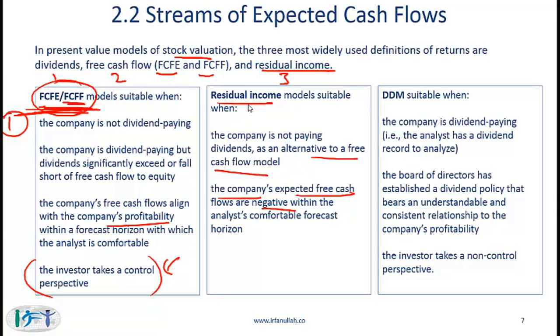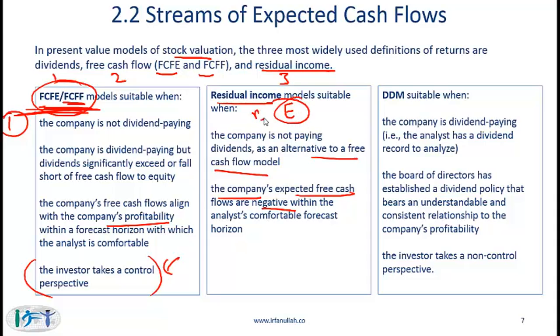As you'll see later, the residual income model is based on balance sheet numbers, in the sense that we come up with the value of equity, and the residual income in every period is equal to the overall income generated minus an equity charge.